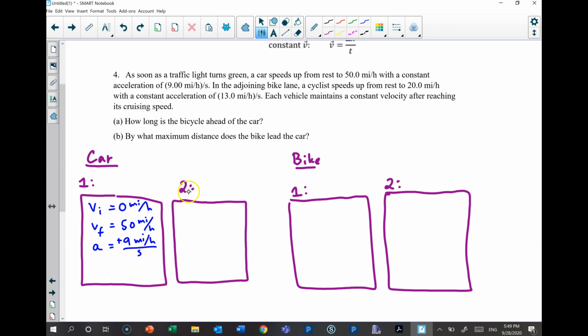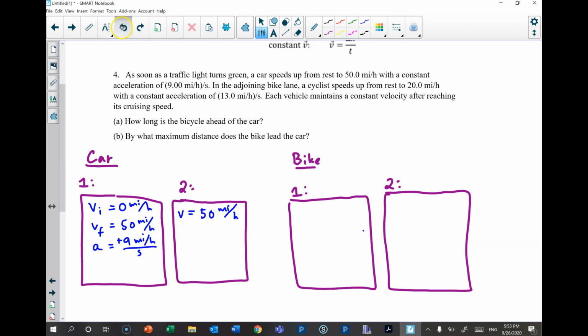In the second portion, just for the car, it reaches this speed and then moves at a constant speed. So the constant speed during the second segment is just what it achieves after accelerating, 50 miles per hour. Okay, now see if you can pause the video and fill out the givens for the bike.